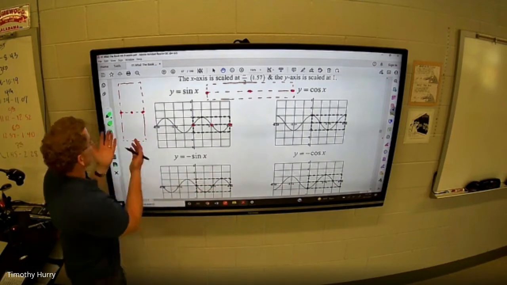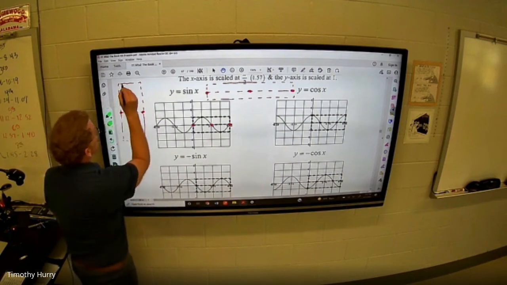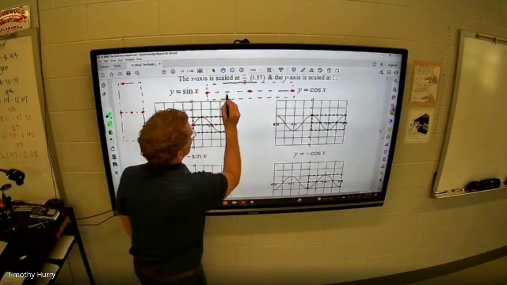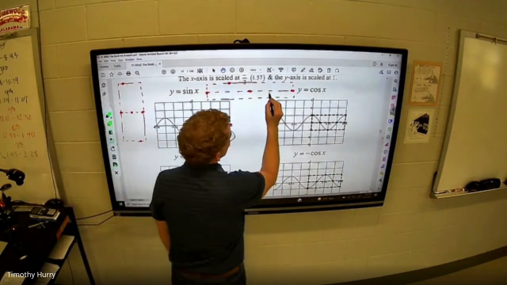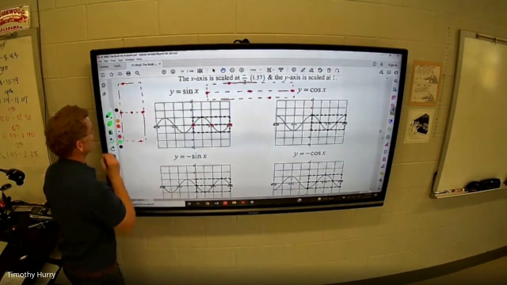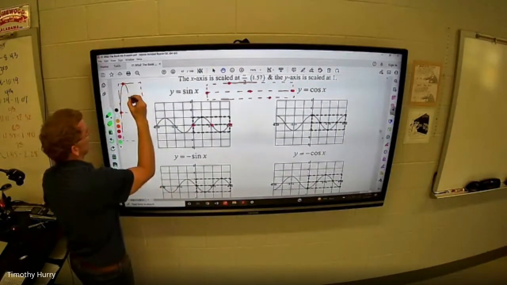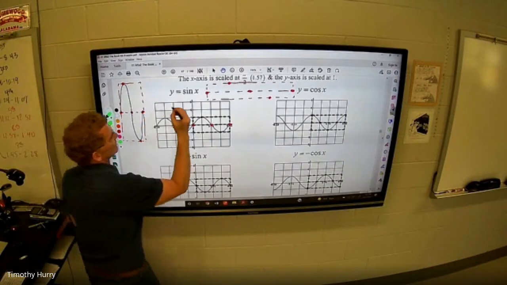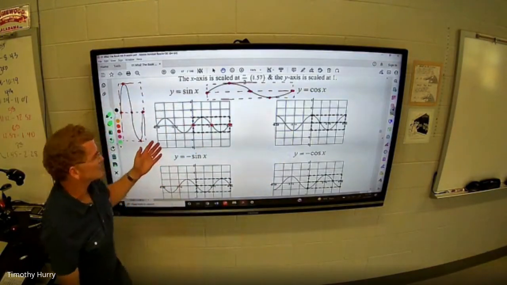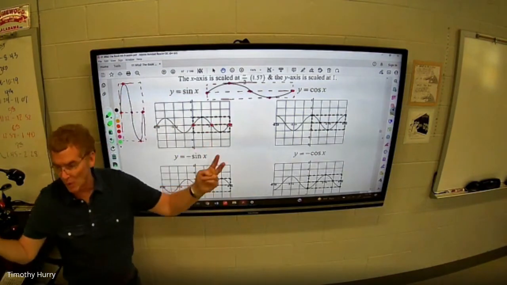So if this was my curve, I would find the middle of that and go up, the middle of that and go down, the middle of that and go up, in the middle of that and go down. And then all I have to do at this point is come in here and do the best job I can of connecting the dots. So sometimes my sine curve is going to look very, I guess, normal.